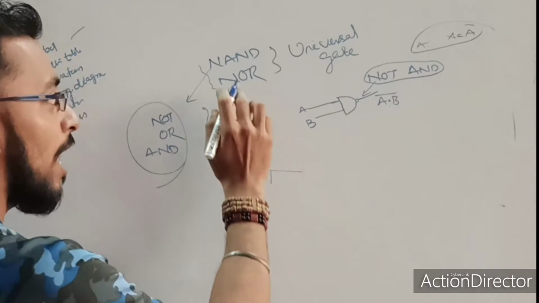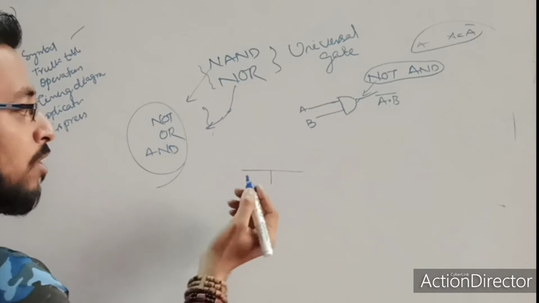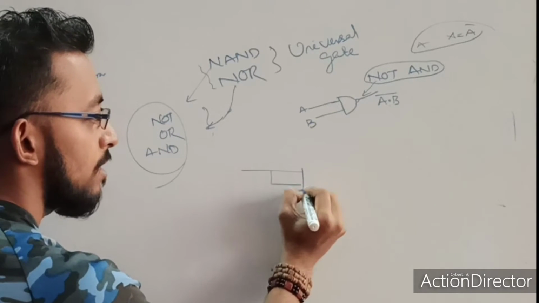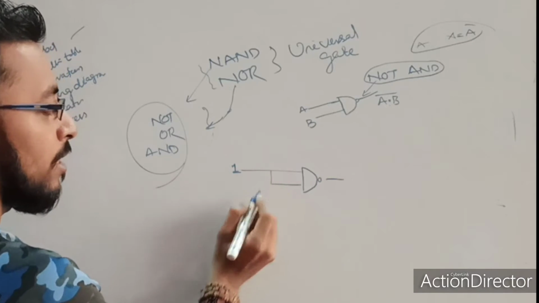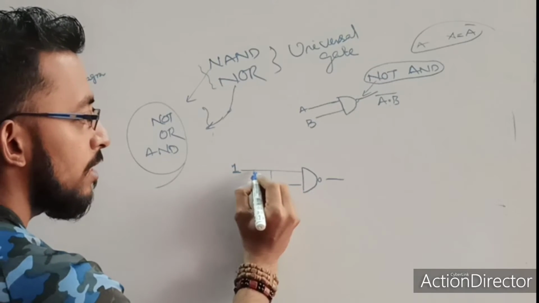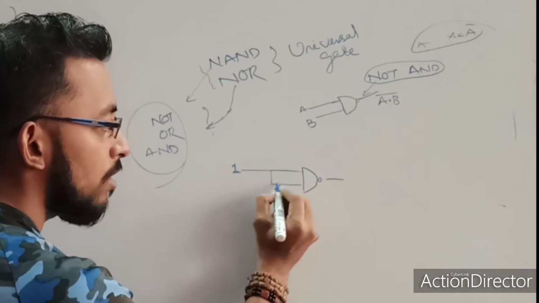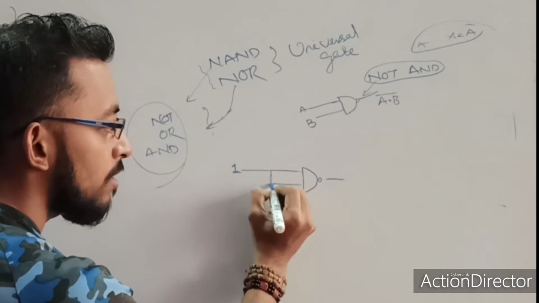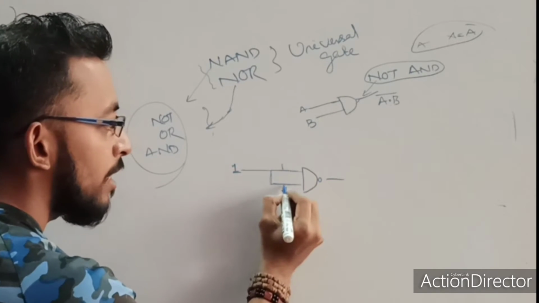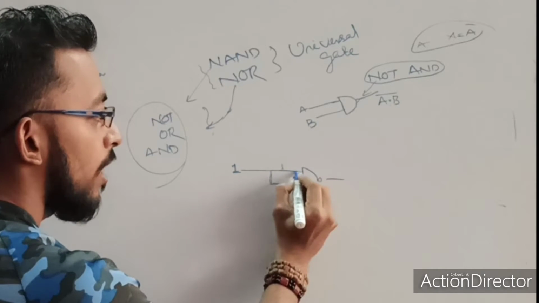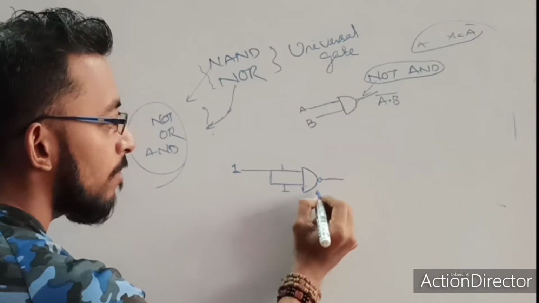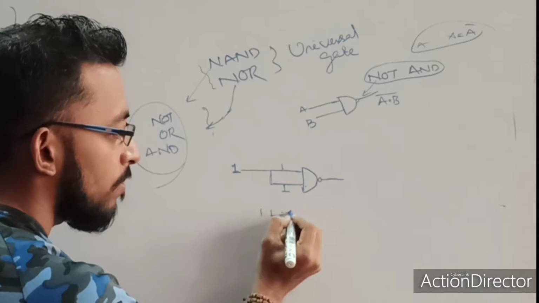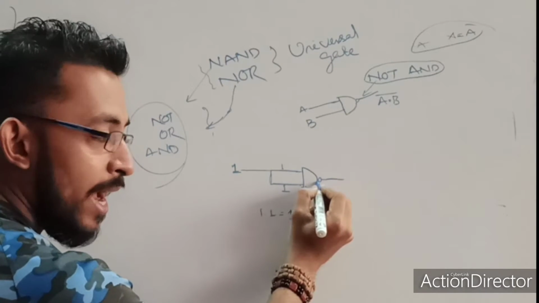Now let's see how this NAND gate can be used as NOT. Let's take this NAND gate, and I am applying 1 over here. Since I have applied this 1, these two inputs are the same. When my inputs to this AND gate are 1 and 1, the output will be 1.